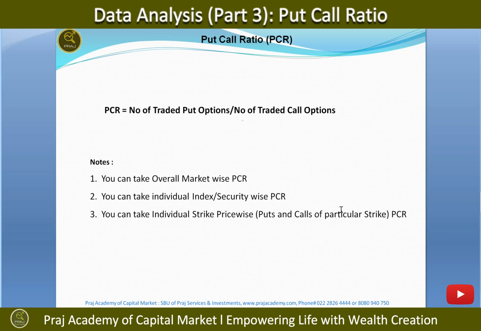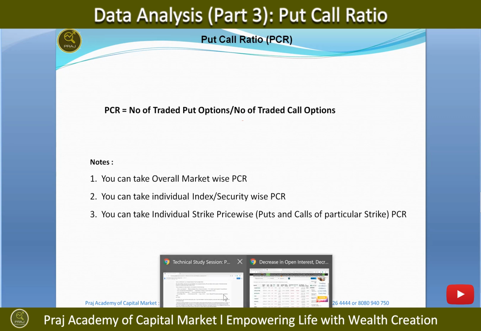You can take put call ratio overall market wise, Nifty wise, Bank Nifty wise, or any stock option wise. You can also take individual security wise PCR. You can also take individual strike wise PCR, right? And you can also take PCR week wise for Nifty and Bank Nifty.